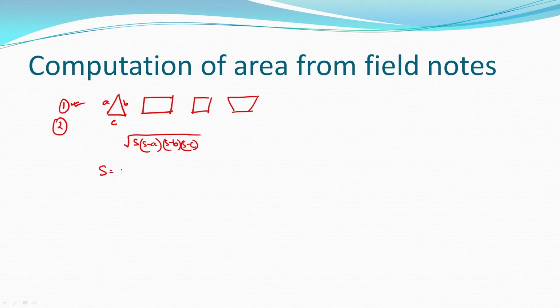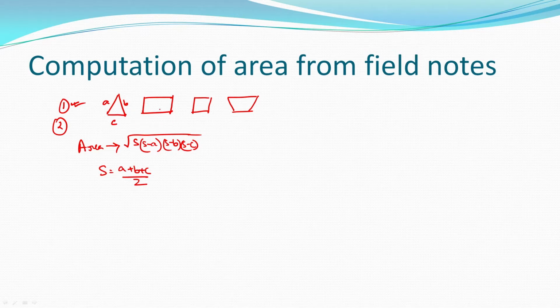And where S equals (A plus B plus C) by 2. So in this way we can determine the area of the triangle where the sides have different values.